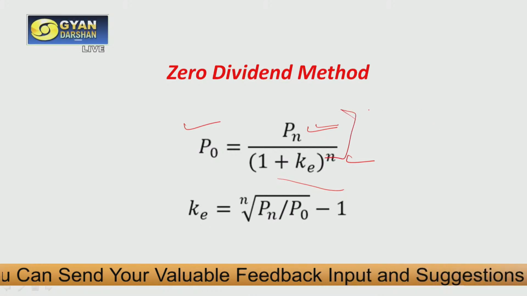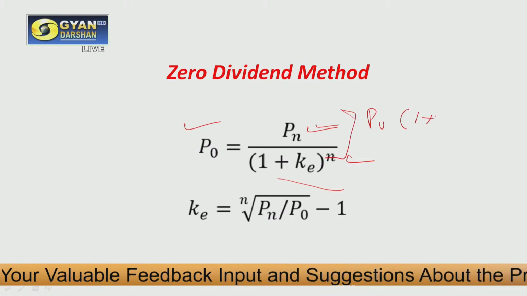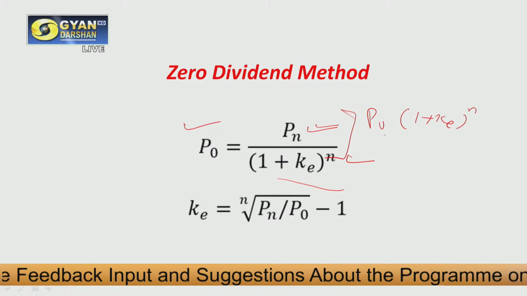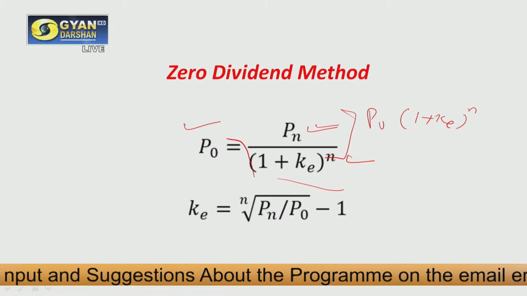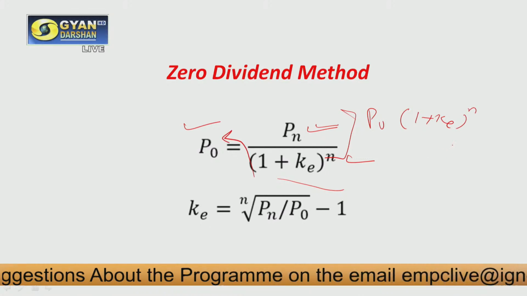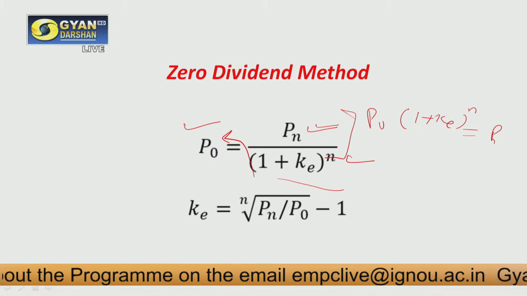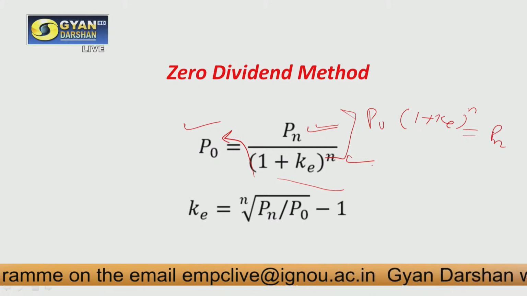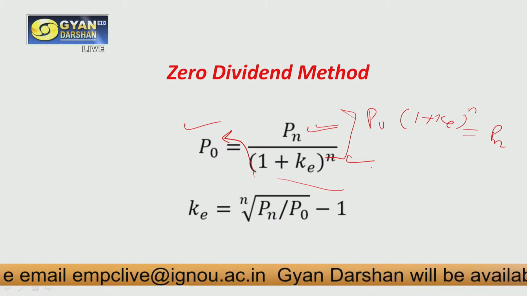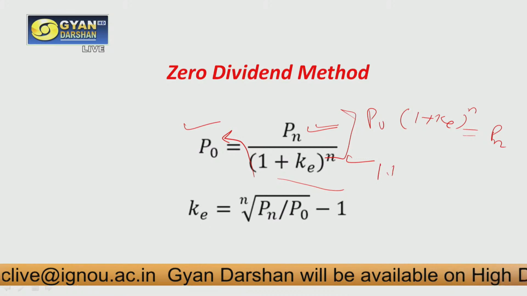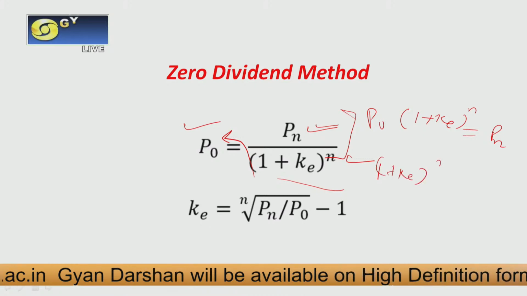So in this case also our P0 we will multiply by (1 + KE) raised to the power n. We will take this value in the numerator on the left hand side. So by this we will get the value of Pn, and then we can keep it here only on the left hand side.